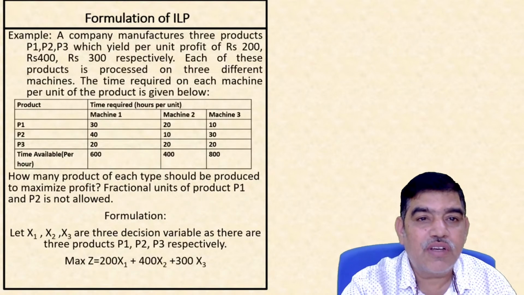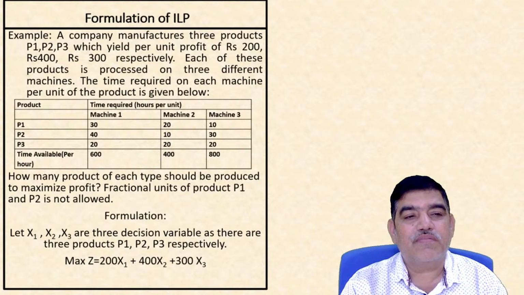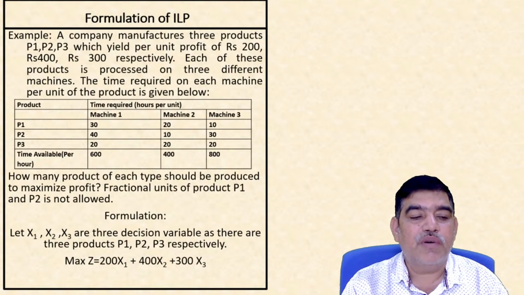Similarly, you consider a second example. A company manufactures 3 products. Let the products be P1, P2, P3. These 3 products yield a unit profit of rupees 200, rupees 400, rupees 300 respectively.